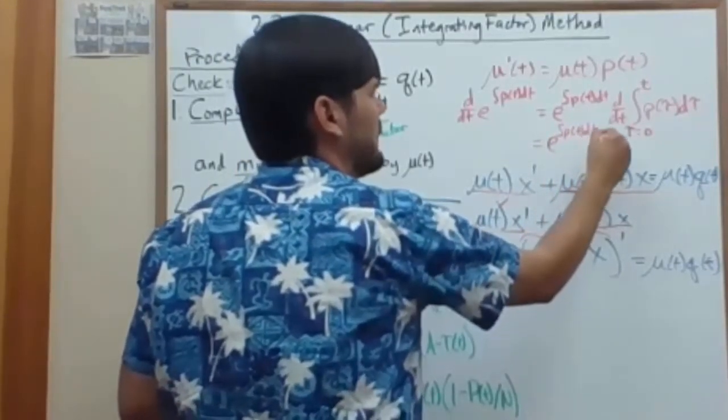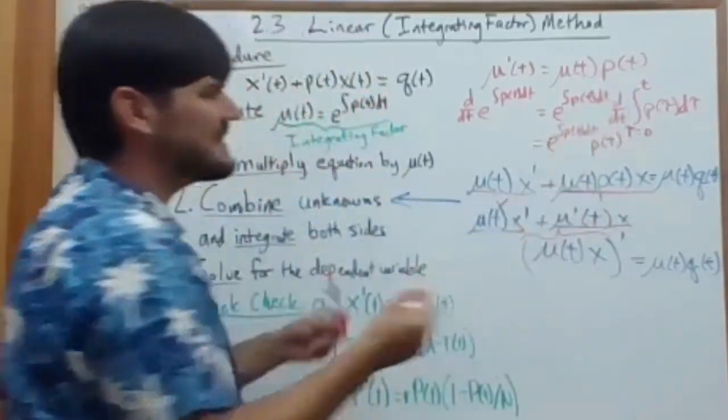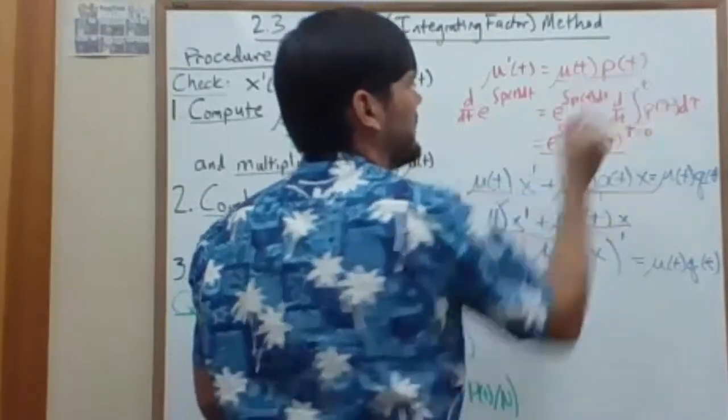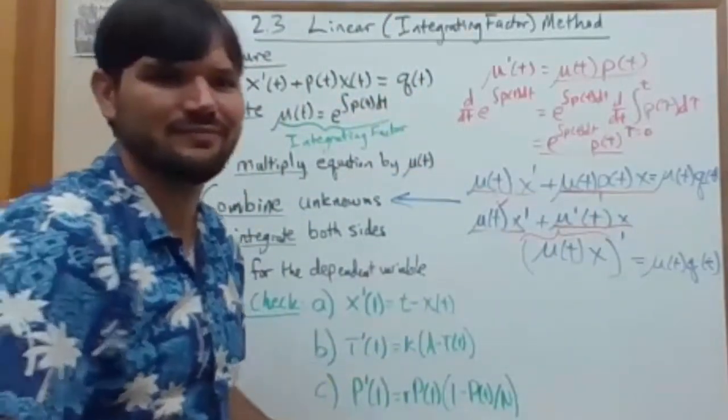So we get p of t, and that's exactly what we need on the right-hand side.